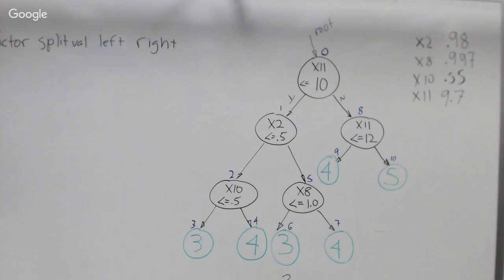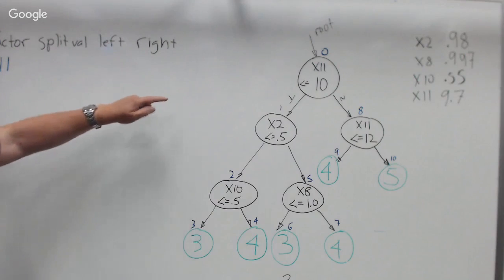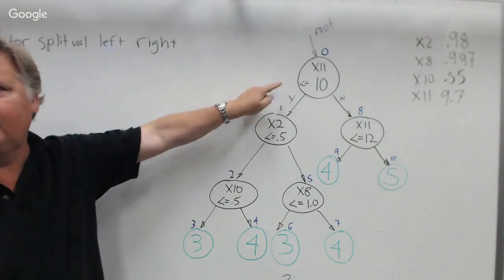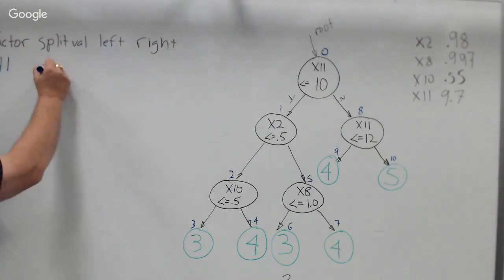I did that as a little cheat to make this part of the lecture easier. But anyways, in this first row, row 0, the factor that we're going to use is 11. The split val, or the number that we're going to make our comparison on, is 10.